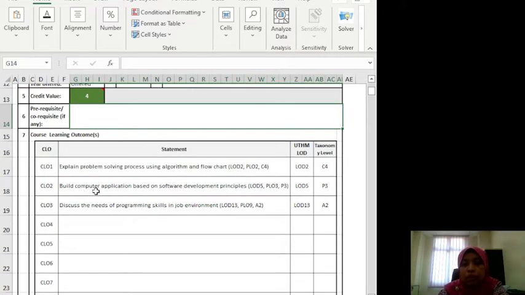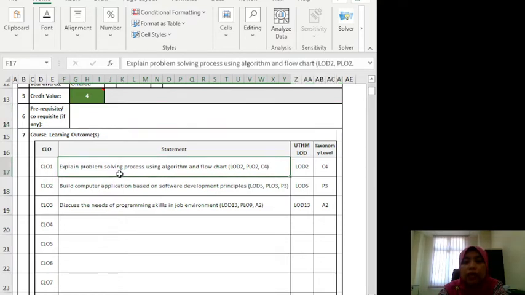Alright, we have 3 CLO, course learning outcomes. What you need to achieve in this course is firstly to explain the problem solving process using algorithm and flowchart. Later we will go to this chapter which is algorithm and flowchart.